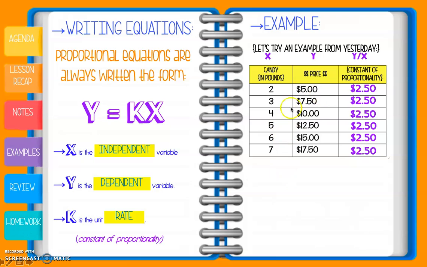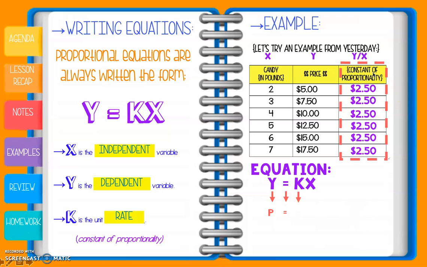So to write an equation for this table, we want it in the form y equals kx. We want to say you get your price, or your P, by taking our unit rate, which is $2.50, times however many pounds of candy that you buy.